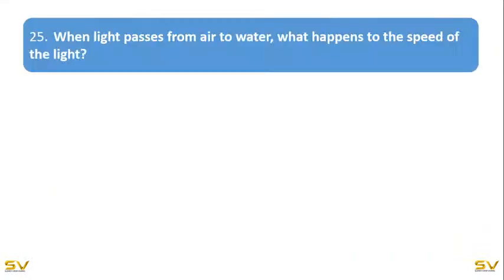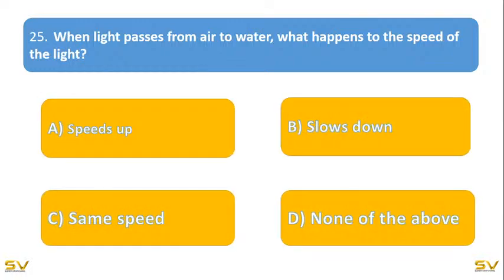Now coming to the next question. When light passes from air to water, what happens to the speed of the light? Before, we discussed air to glass. Now here it is air to water. Does it speed up, slow down, stay the same speed, or none of the above?